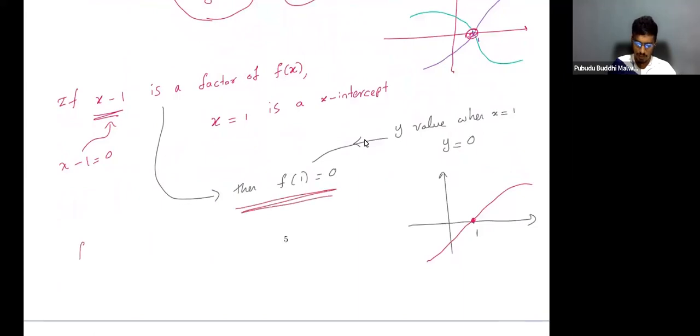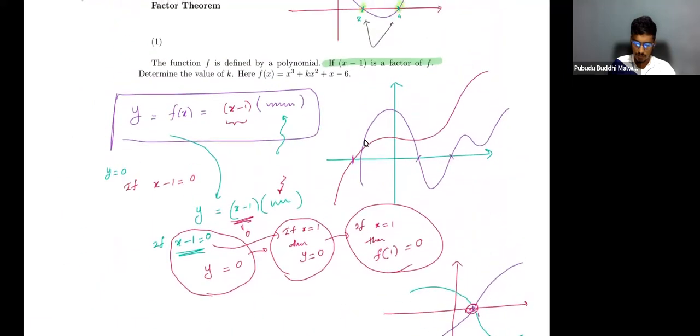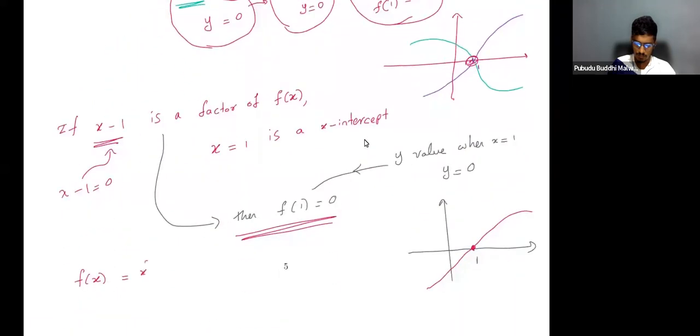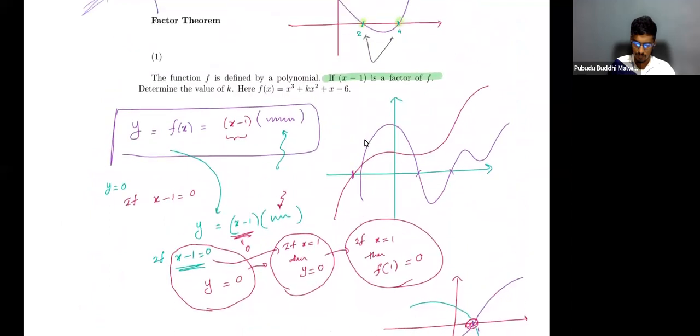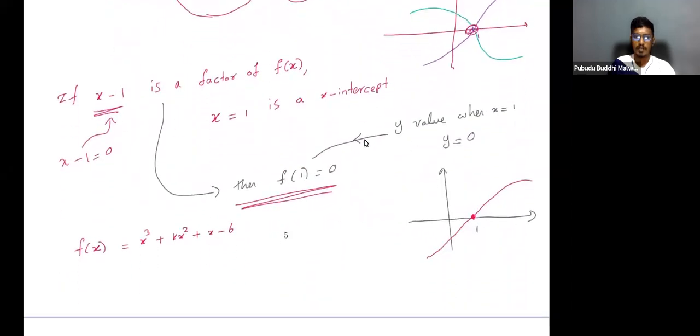Now we know that f of x equals this one, but we know that f of 1 equals 0.